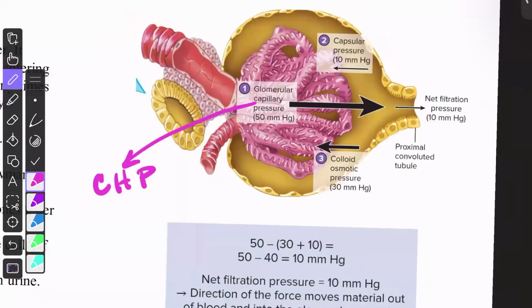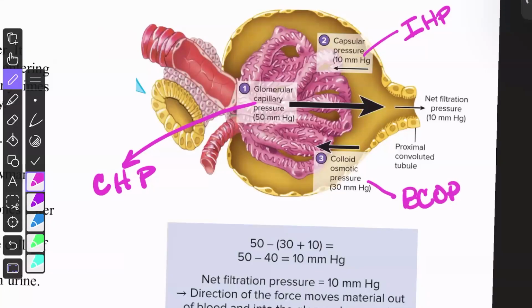Does that sound familiar? We have capsular pressure, which we're going to call our interstitial hydrostatic pressure. We have colloid osmotic pressure, which we're going to call our blood colloid osmotic pressure.